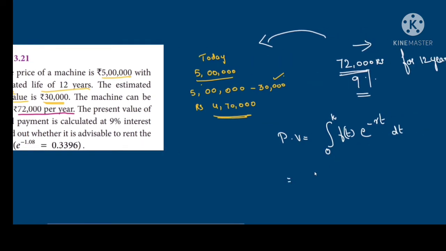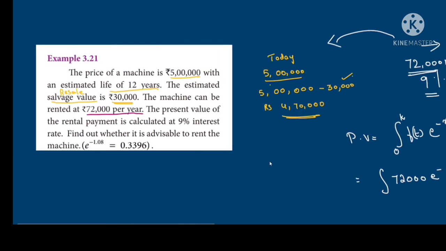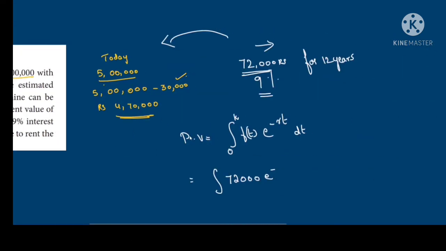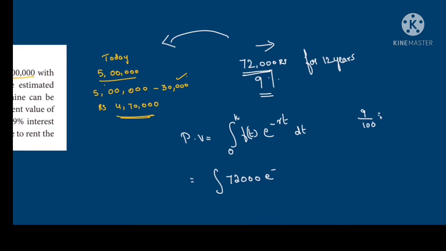So we can write this as the integral from 0 to 72,000, the amount is 72,000, then e power, the rate of interest, which is given as 9%. So 9% is 9 by 100, that is 0.09. So put R, the rate of interest, as 0.09 into t dt.